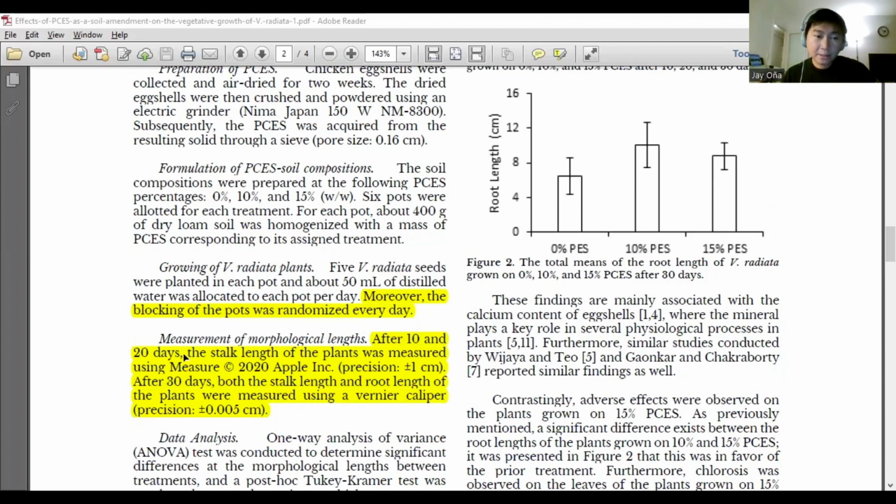So this is a non-standard measure of these plant parts, but they said they also use a vernier caliper.